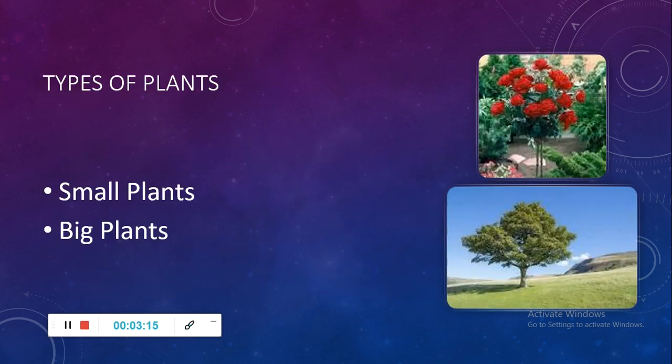Like you can see in this picture, the small plant has a very small and weak stem, while the stem of the tree is thick. You can see the difference between the width of the small and the big plant stem. It's thin while the other is thick and strong.